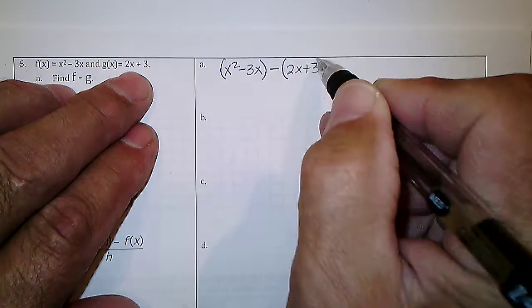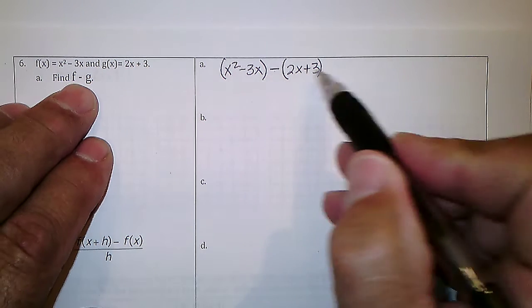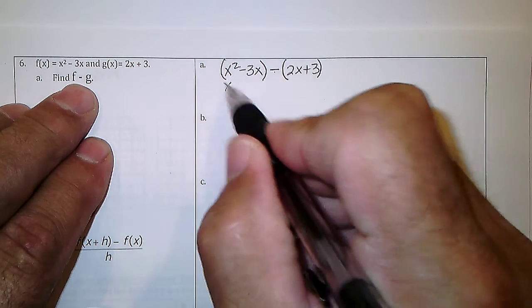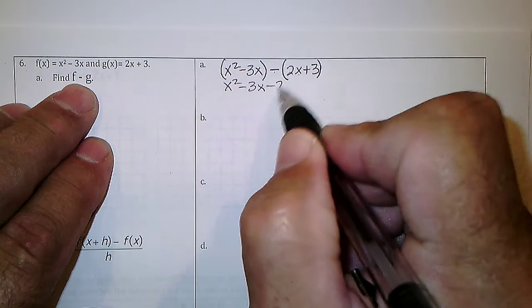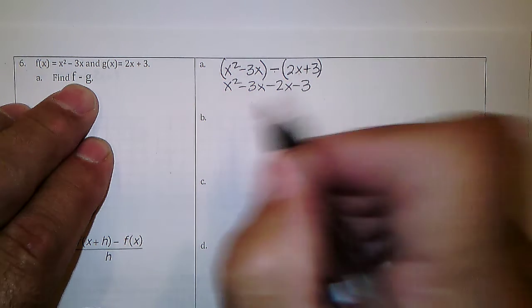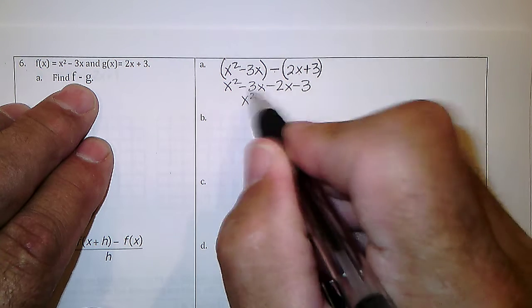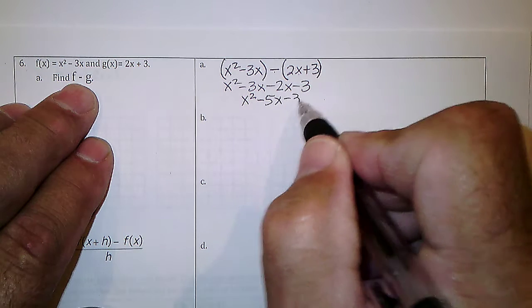I'm putting that one in parentheses. So now I know I have to distribute that minus to this, and I get x squared minus 3x minus 2x minus 3. So I get x squared minus 5x minus 3.